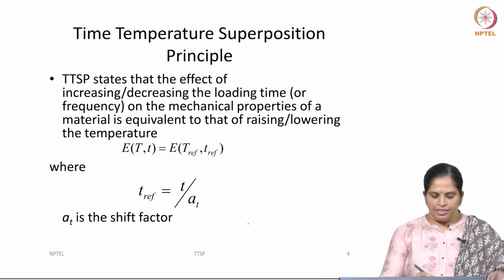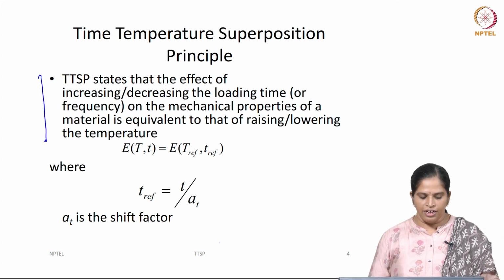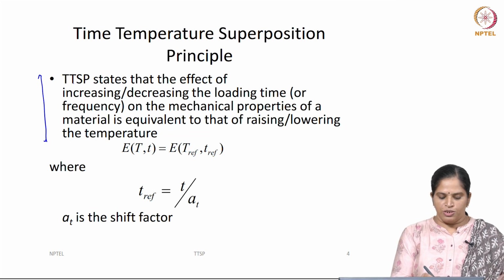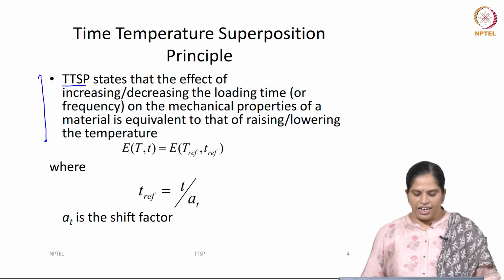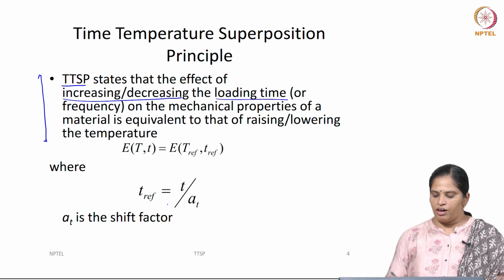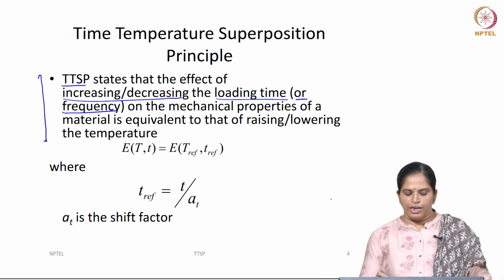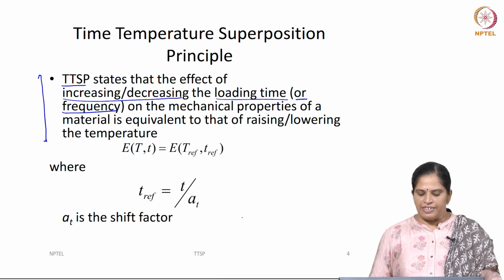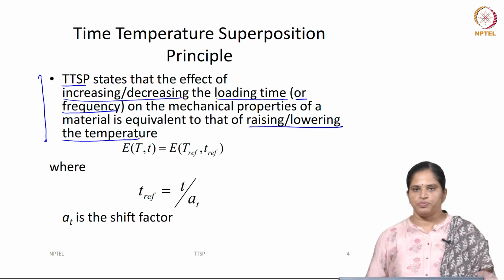So, I will just read this time temperature superposition as such in the slide. So, time temperature superposition principle, in short we can also call it TTSP. It states that the effect of increasing or decreasing the loading time, or in case you test it in an oscillatory mode, increasing or decreasing the frequency, on the mechanical properties of a material is equivalent to that of either raising or lowering the temperature.